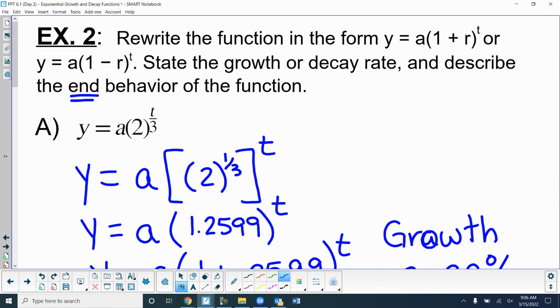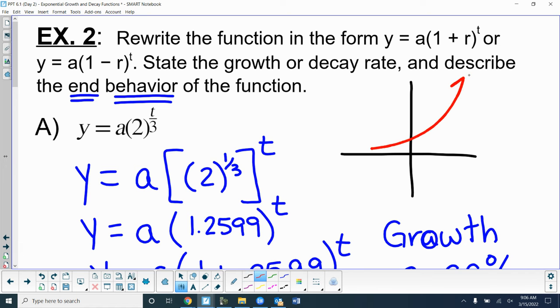Now, it says something else up here. End behavior. Okay? End behavior is at the end of both graphs. It's a growth graph, right? So all growth graphs have basically this look to them, right?